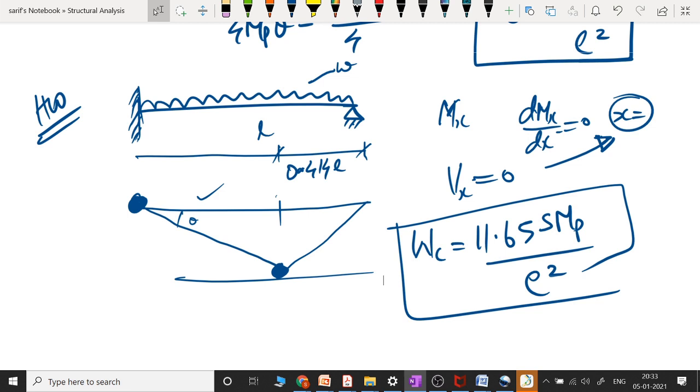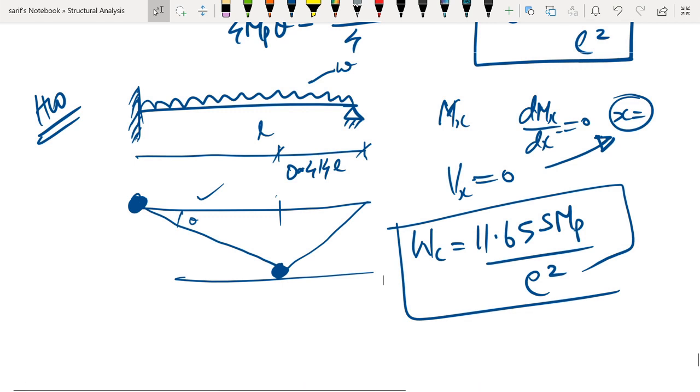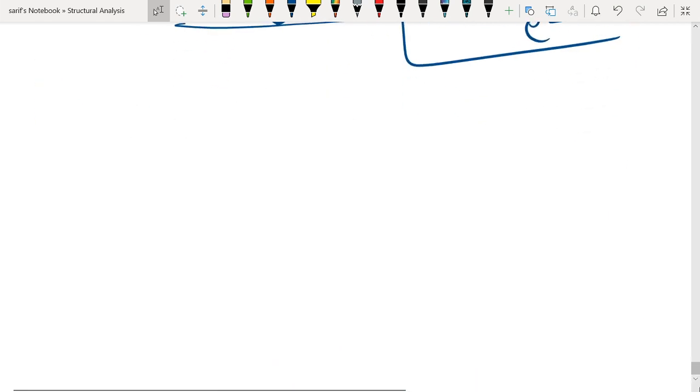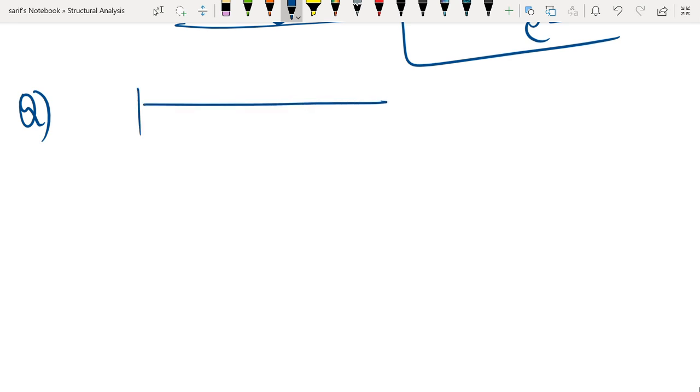Now let us try to do another problem. In this particular question we have W here and 1.25 W here.